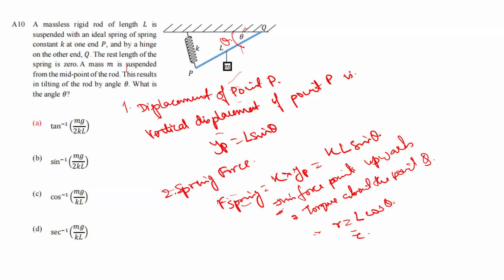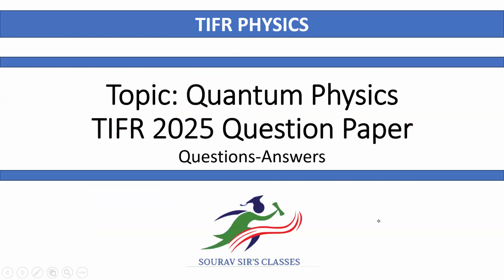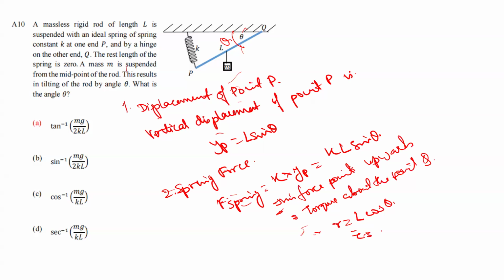Therefore, tau spring equals K L sine theta times L cos theta, or we can write K L squared sine theta cos theta.